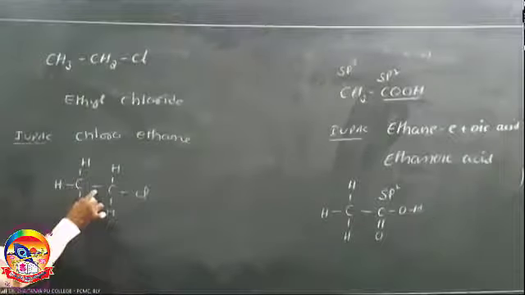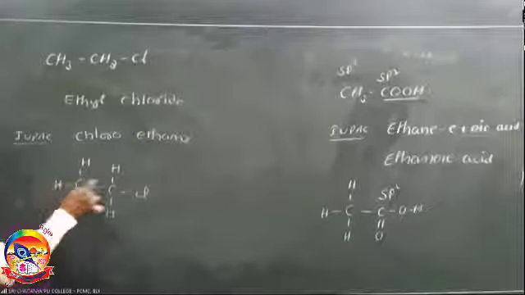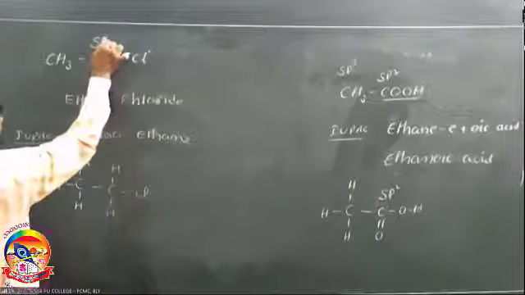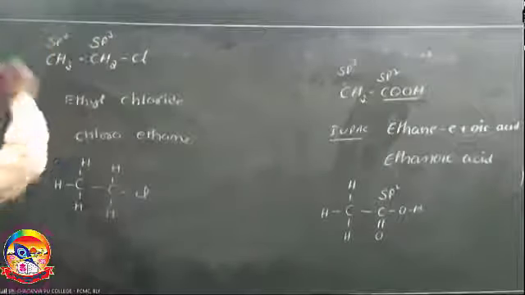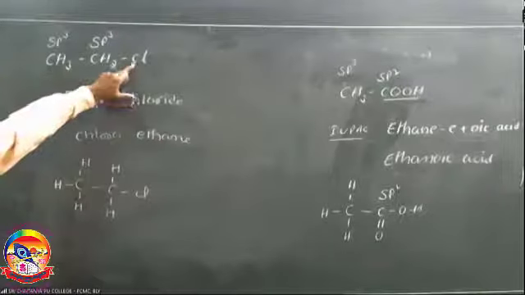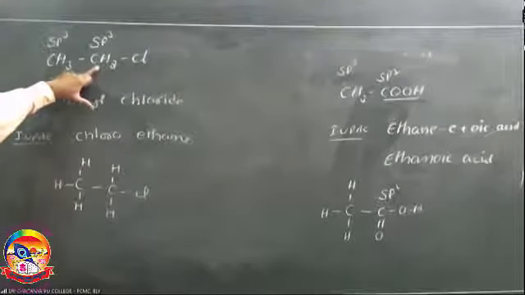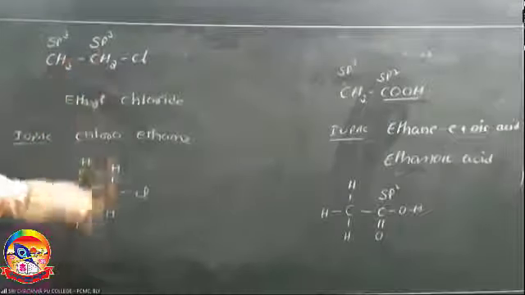Here tetravalency of carbon is satisfied by only single bonds, no pi bond. So the hybridization of the first carbon is sp3, and the second carbon is also sp3. Means in ethyl chloride, chlorine is attached with an sp3 hybridized carbon.